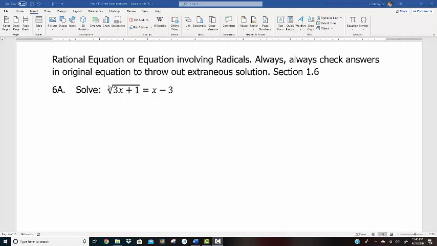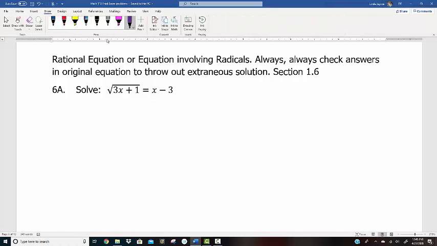So here we have a square root of 3x plus 1. Now this one's already separated from everything else. If it wasn't, you'd want to have the rooted term on a side by itself. First thing, to get rid of a rooted term, you're going to square it.